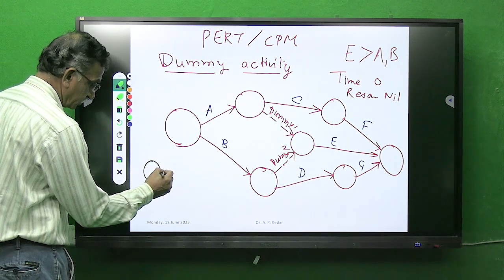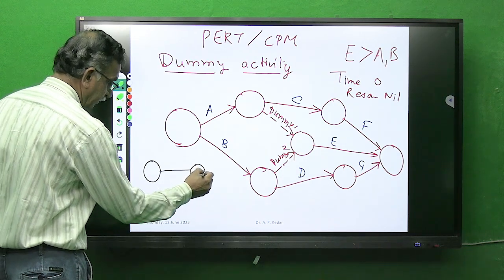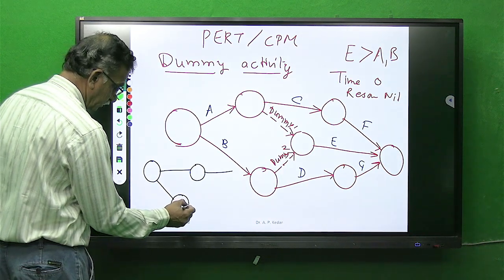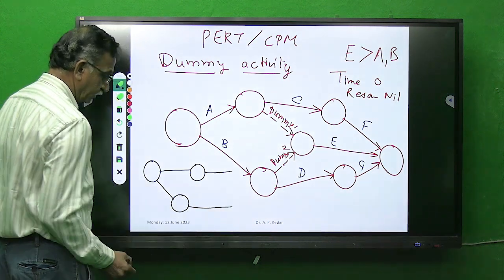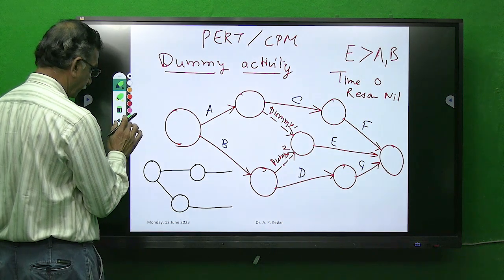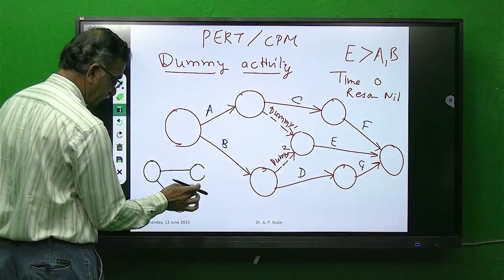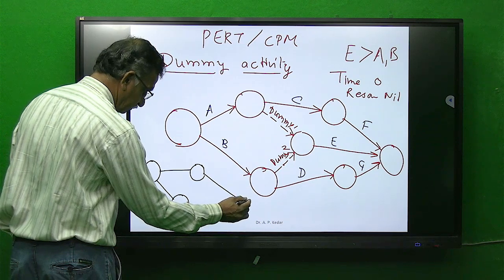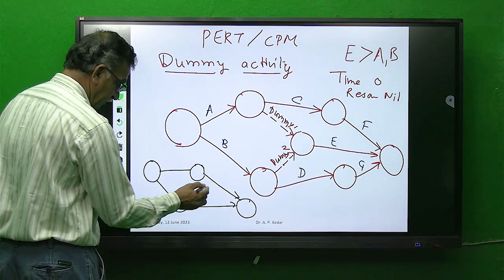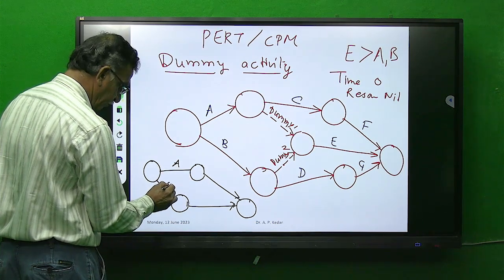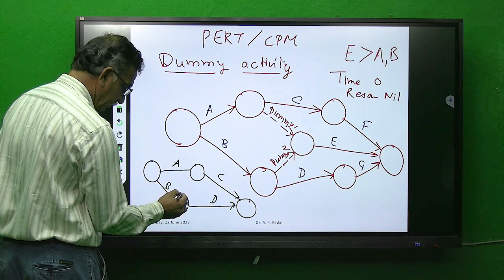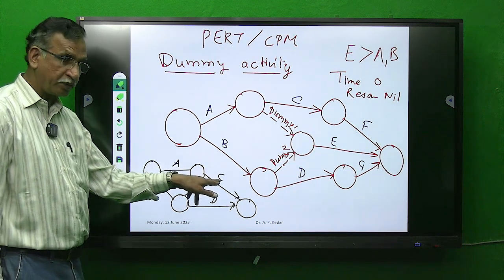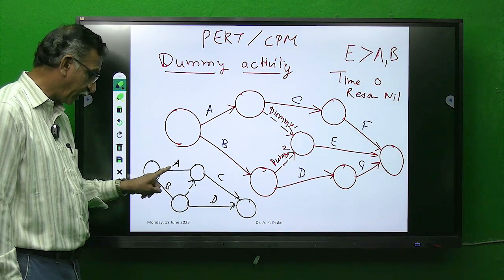Suppose this is one activity, this is the other activity, and I want to terminate this activity like this, but this activity needs, suppose I name them A, B, C, D. I can give a dummy activity if the problem demands that C depends on A and B both.